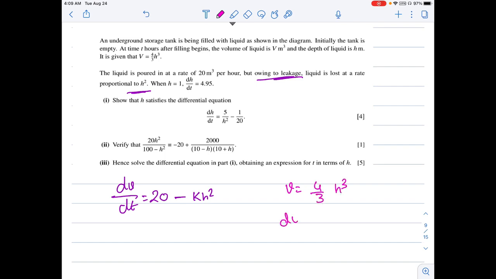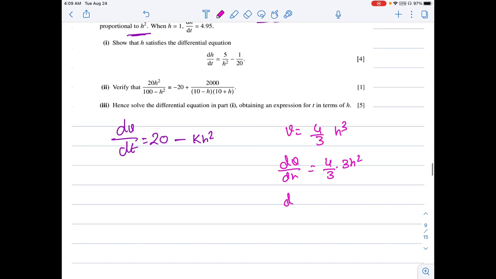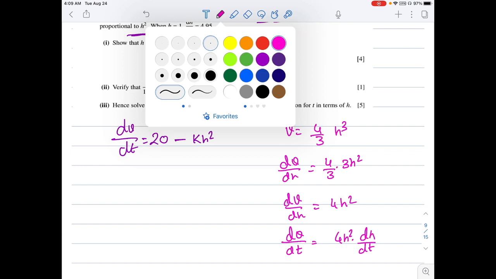Now we know that the volume is 4 upon 3 h cube. So I'm going to find dV by dh, which is the derivative of 4 upon 3 h cube, which is 4h square. But I want dV by dt, so dV by dt is equal to 4h square times dh upon dt. So plug that in over here.